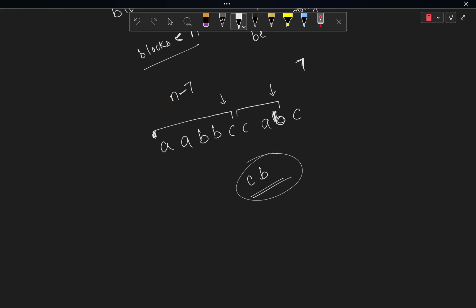Now the thing which I'm saying is that after the end of all the blocks, there must be at least one character which is not coming up in the rest of the string. If all the characters were coming up, there would have been one more block. But if there is no block anymore, then it means that there is at least one character which is not coming. Just find any one of those characters which are not coming at the end and pick it up.